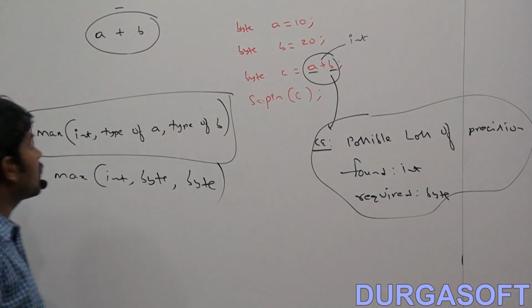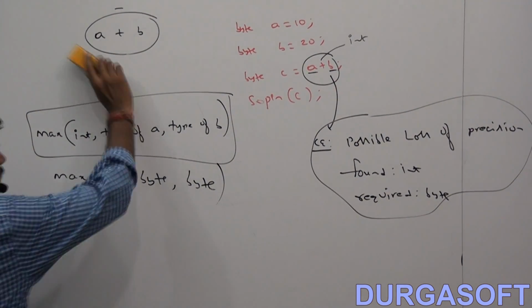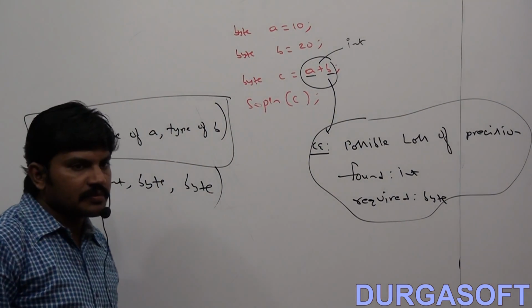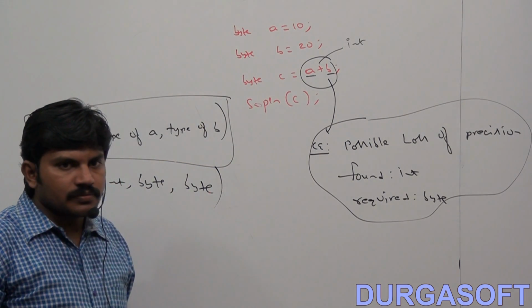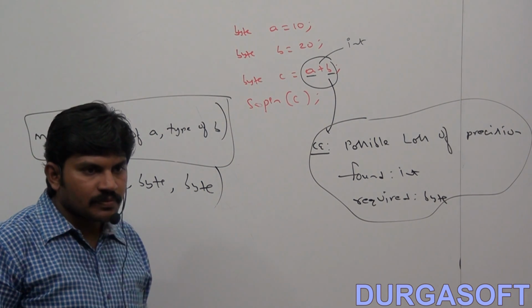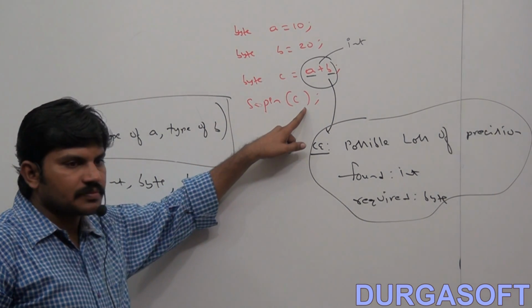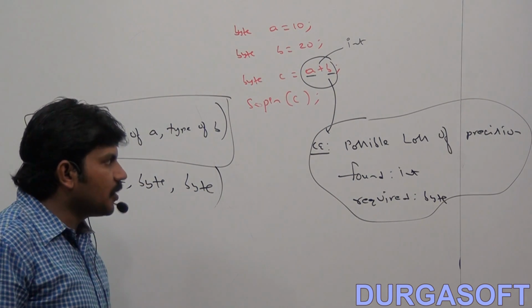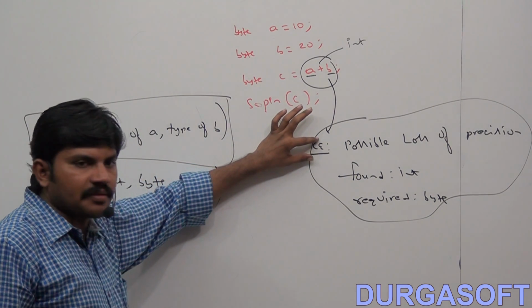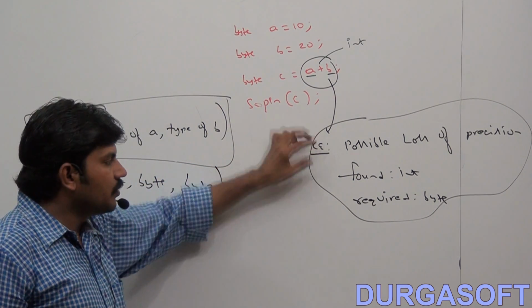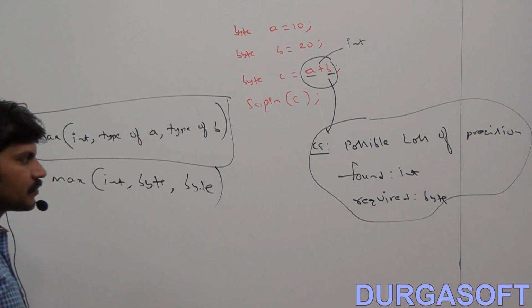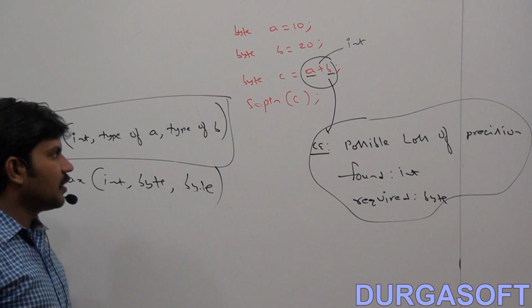Byte A is equal to 10, byte B is equal to 20, byte C is equal to A plus B, SOP of C. Possible loss of precision, found int, required byte.